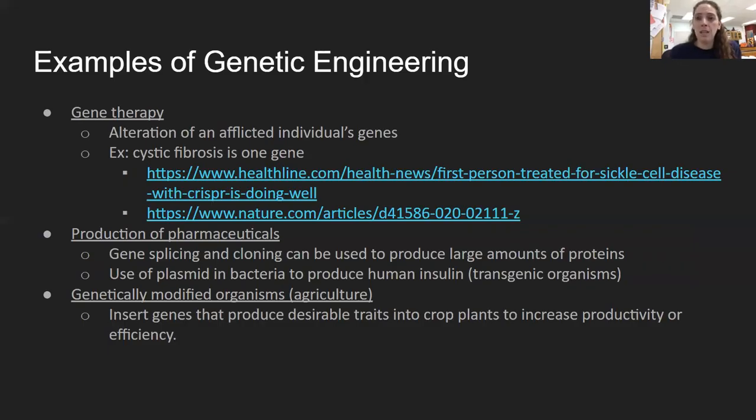So the hope is with gene therapy that we're able to change that person's gene in order to cure them of their disease, instead of our current method of just trying to moderate and reduce their symptoms, or having them go through something super extreme like a bone marrow transplant.